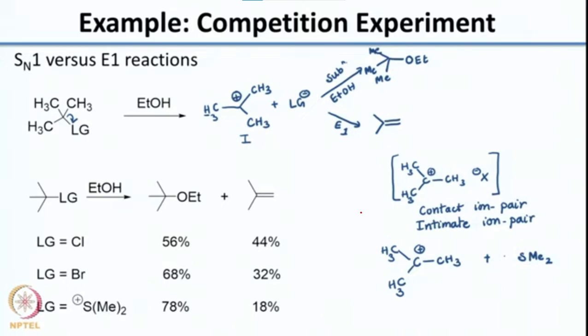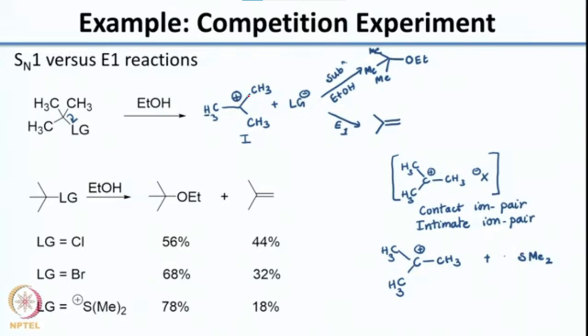So here we have a tertiary substituted carbon atom which has a leaving group. When the leaving group is eliminated, we observe the formation of an intermediate, that is a stable carbocation.